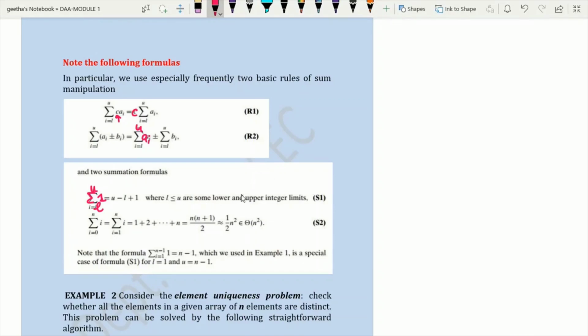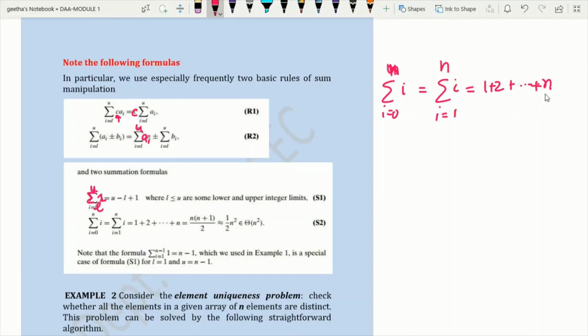Then if you have a sum like this, i equal to 1 to n of i, which is equal to 1 plus 2 plus up to n, because for i you keep applying the values from 1 to n, lower limit to upper limit.